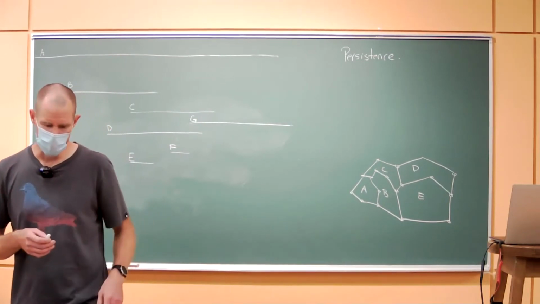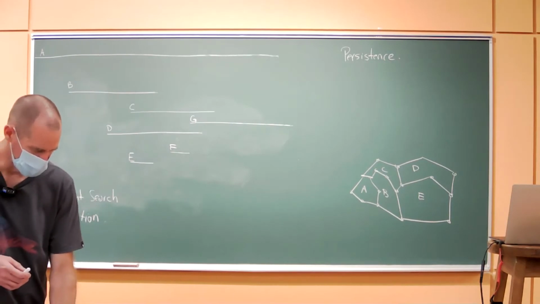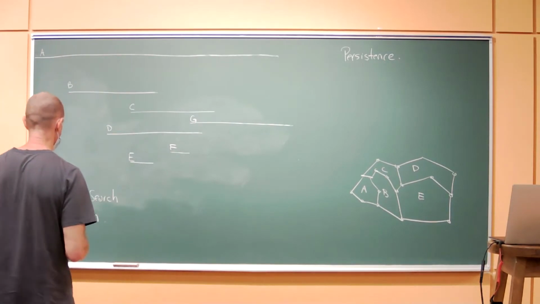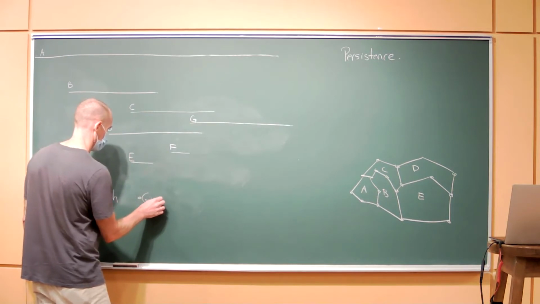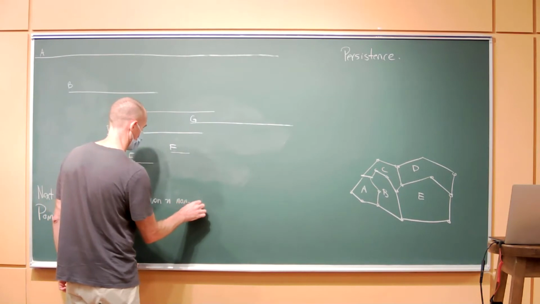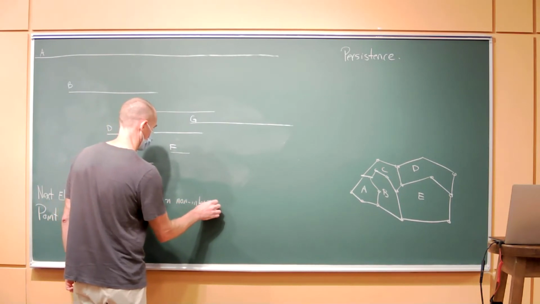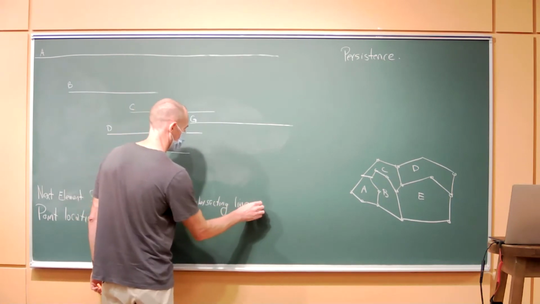So the application is what's called next element search, or sometimes called point location. So what you want to do is you're given n non-intersecting line segments.